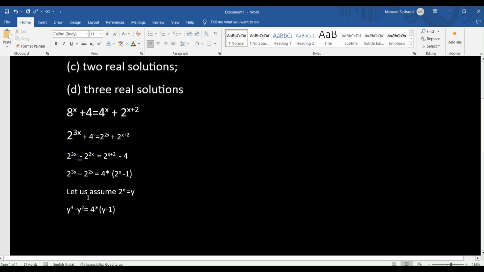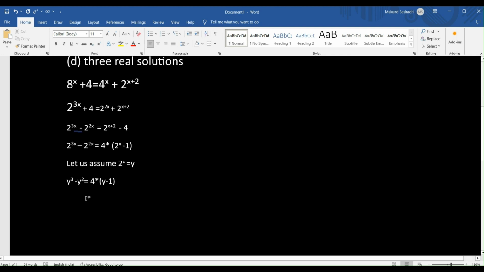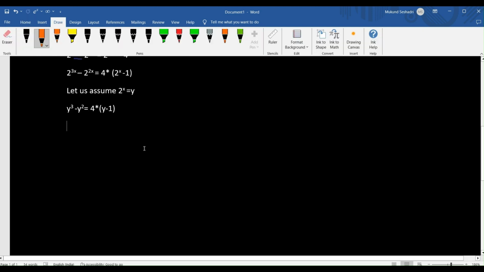I think now your equation is a lot easier to simplify. So we have y cube minus y square equals 4 into y minus 1. So how do I further simplify this equation, right?